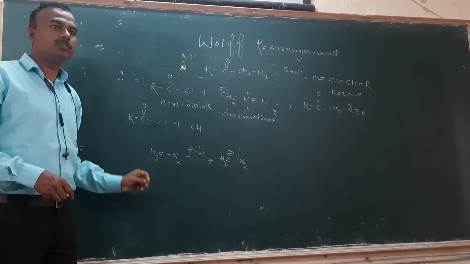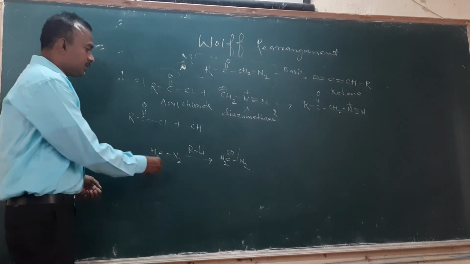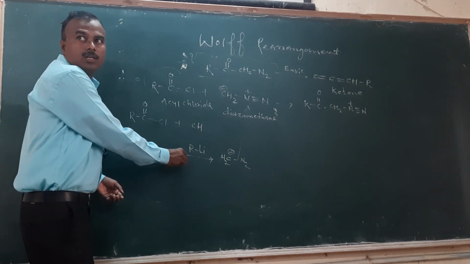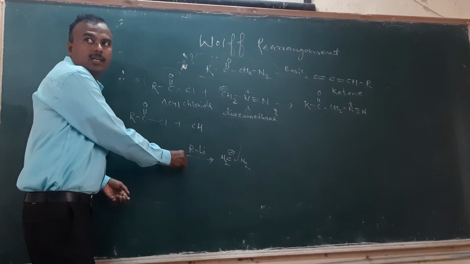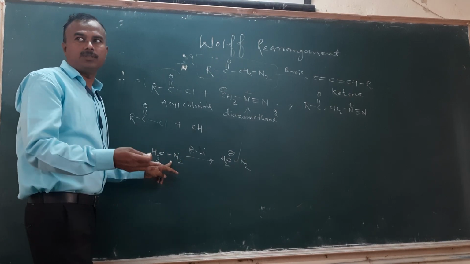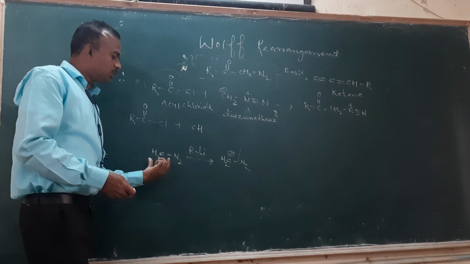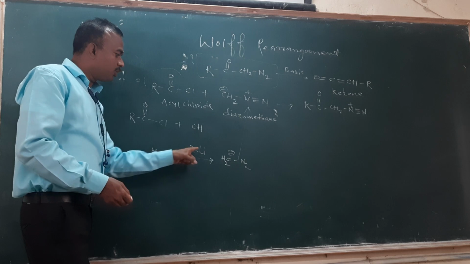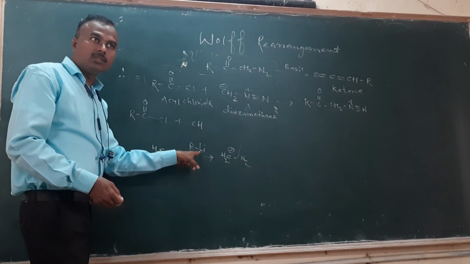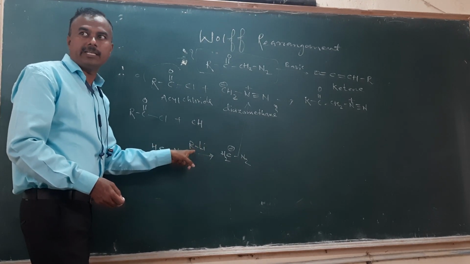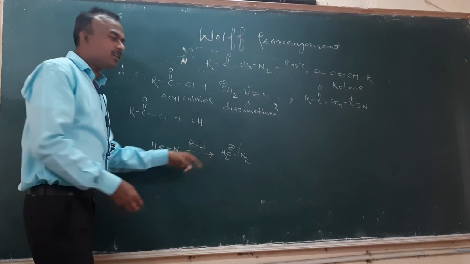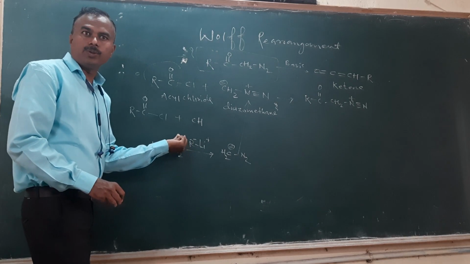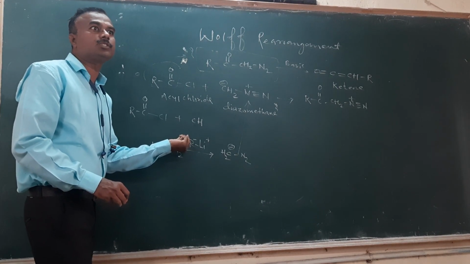Now, this is your CH3N2, diazomethane. Azo means nitrogen, so this is diazomethane. If you add the base, alkyl lithium, Li positive, R negative, this alkyl is a strong base.